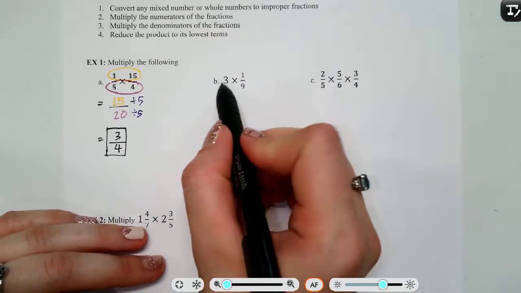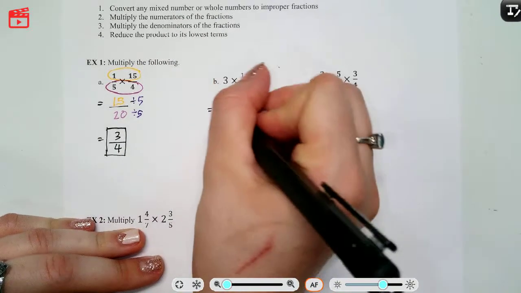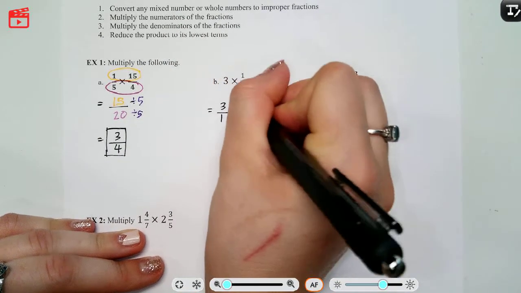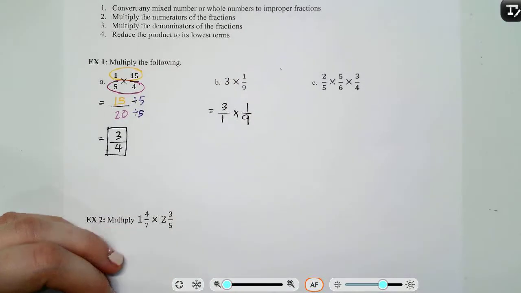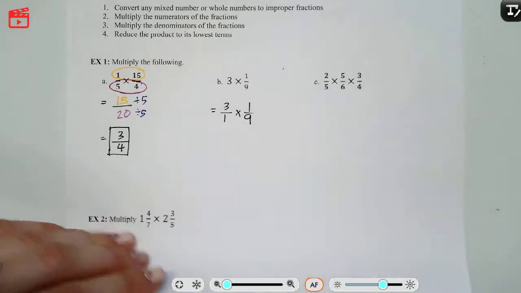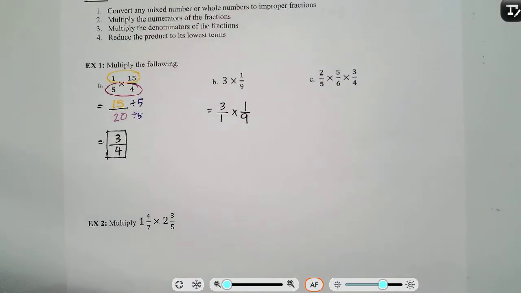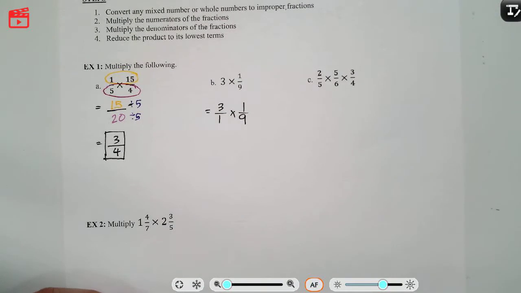All right, B. Wait, that's not a fraction. But remember, we know how to deal with this. We had it as 3 over 1 times 1 over 9. All right. So let me just check something real quick. Yes. All right. So multiply across the top.